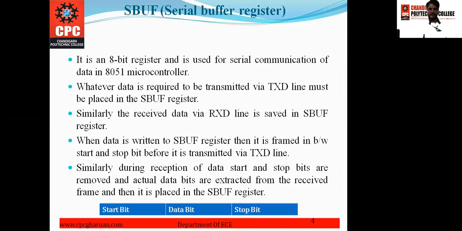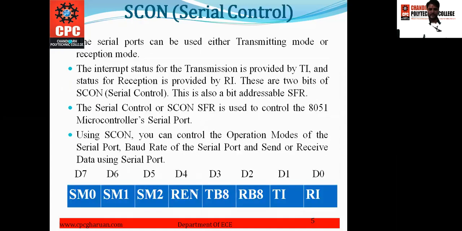Then again comes the SBUF register function, which attaches the start and stop bits at the transmitting end and removes the start and stop bits at the receiving end. This is the main function of the SBUF register.